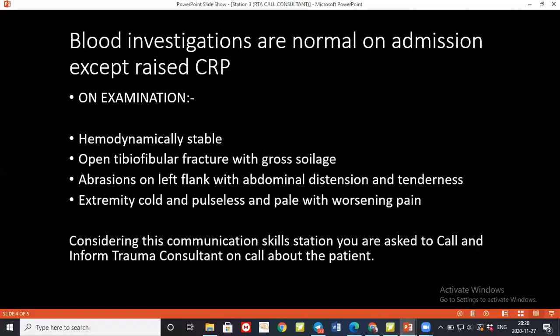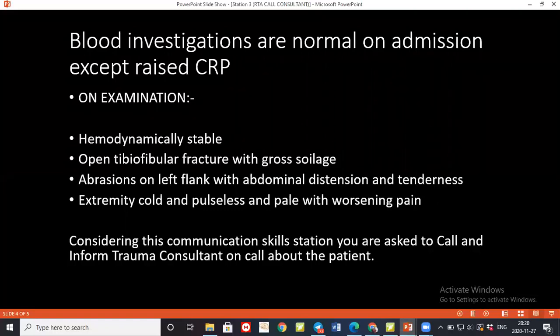Maybe we can also arrange a plastic surgeon as well. Why do you want to involve a plastic surgeon? Because the patient has an open wound, there is some tissue loss as well, and for the wound management we will be needing the plastic surgeon.